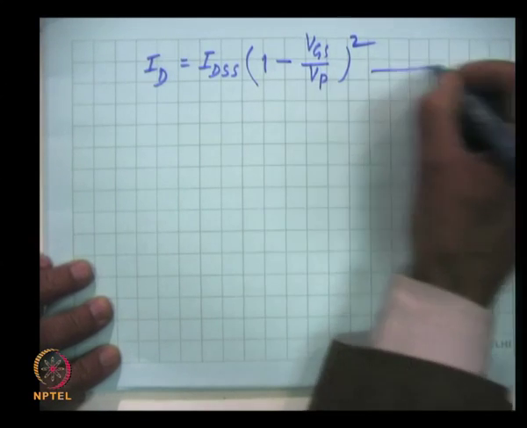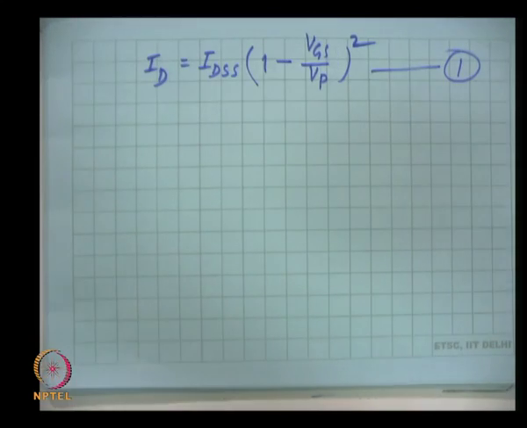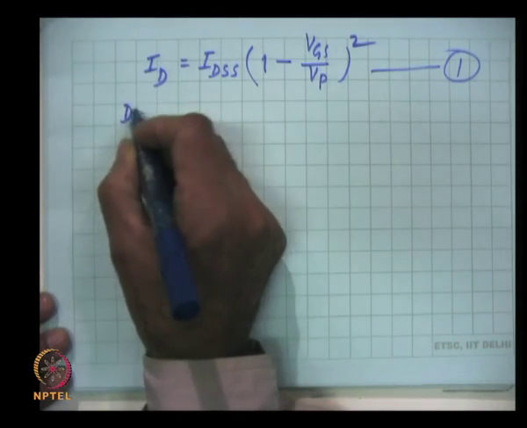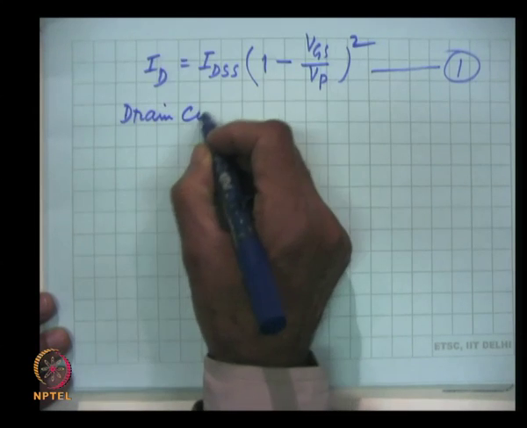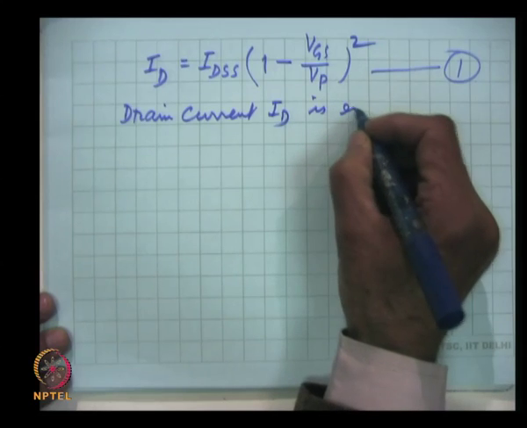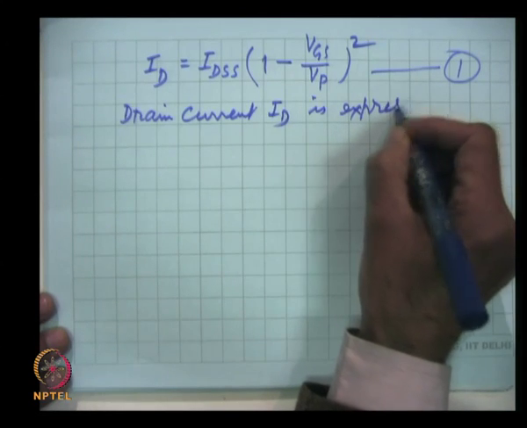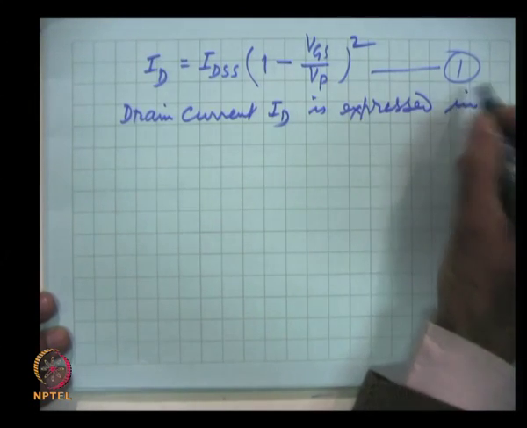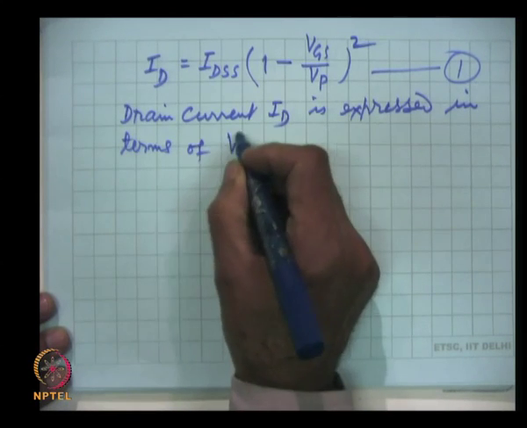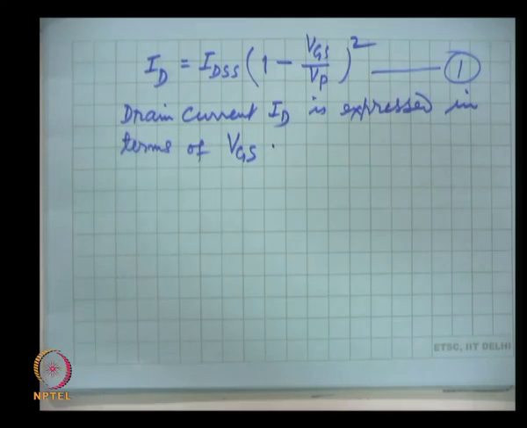This is an important equation, and it expresses the drain current ID in terms of gate source voltage. We will use this equation very frequently.